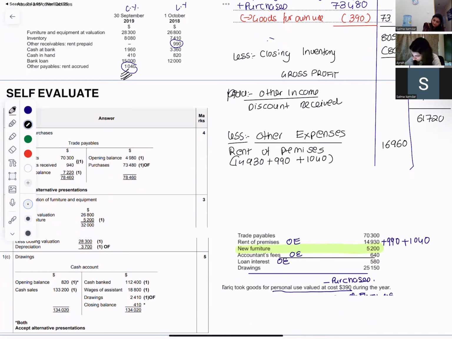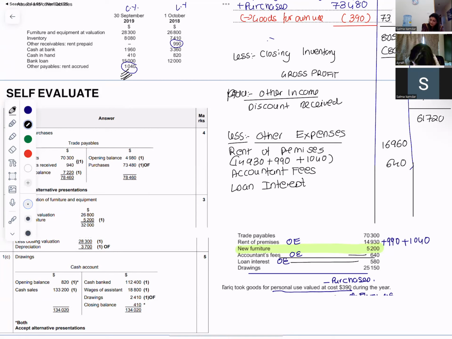Then you'll do the depreciation amount that we found. We will see that in receipts and payments, right? Accountant fee is 640. Then there is loan interest, 580.